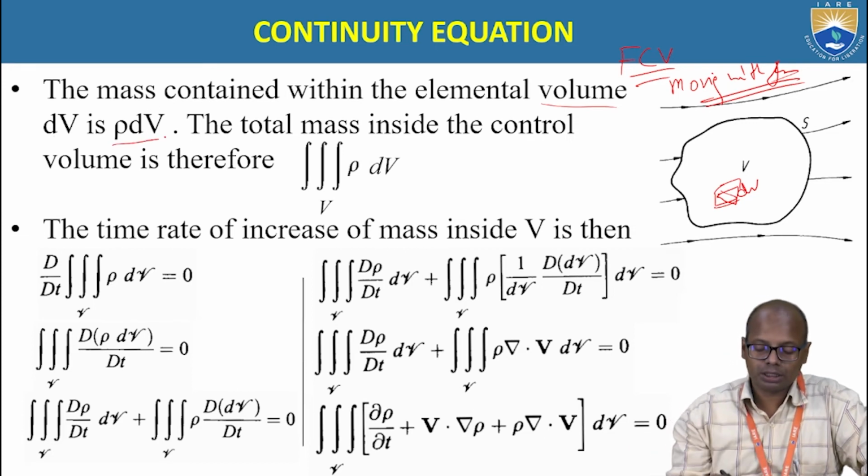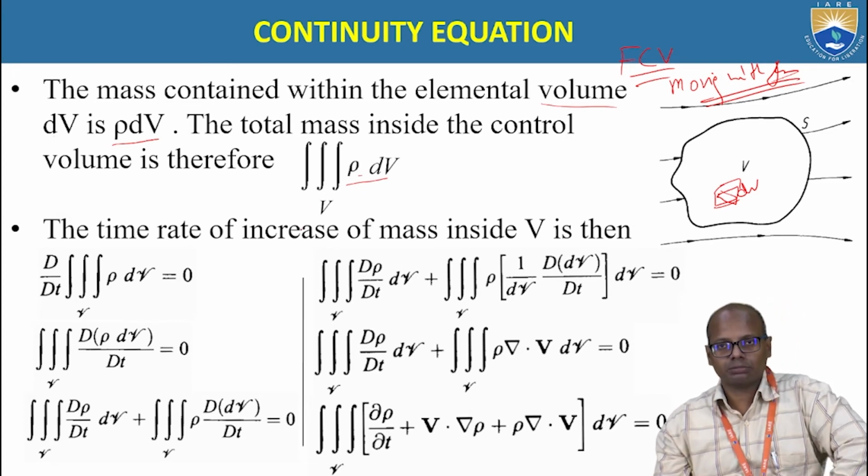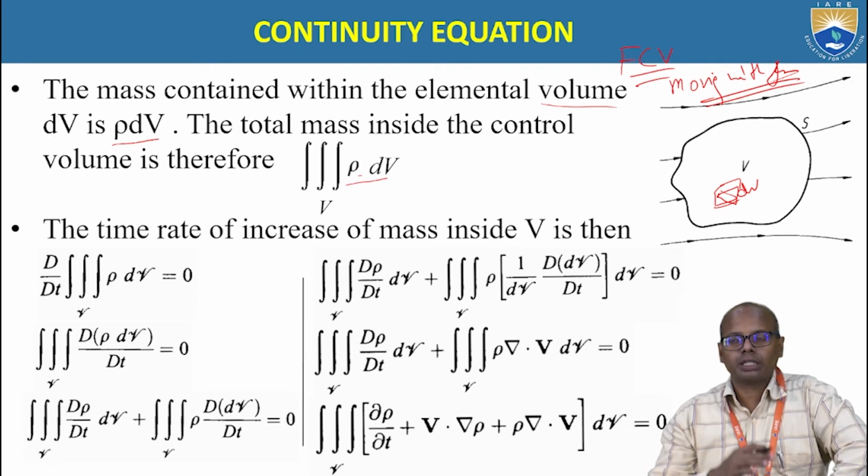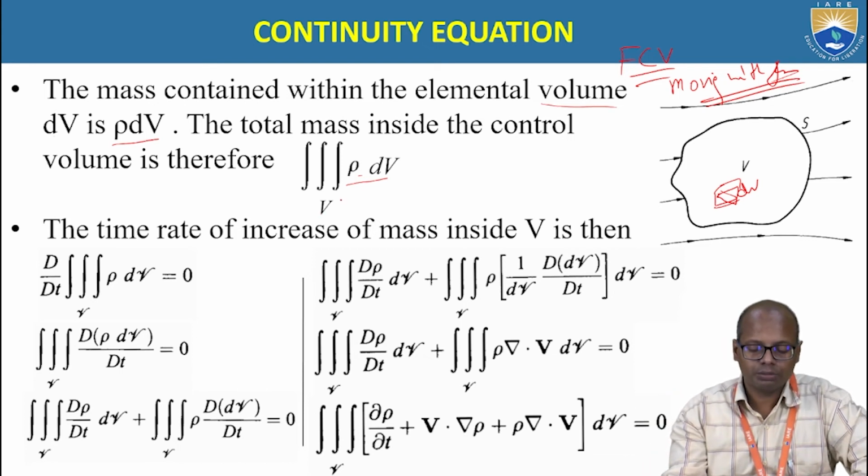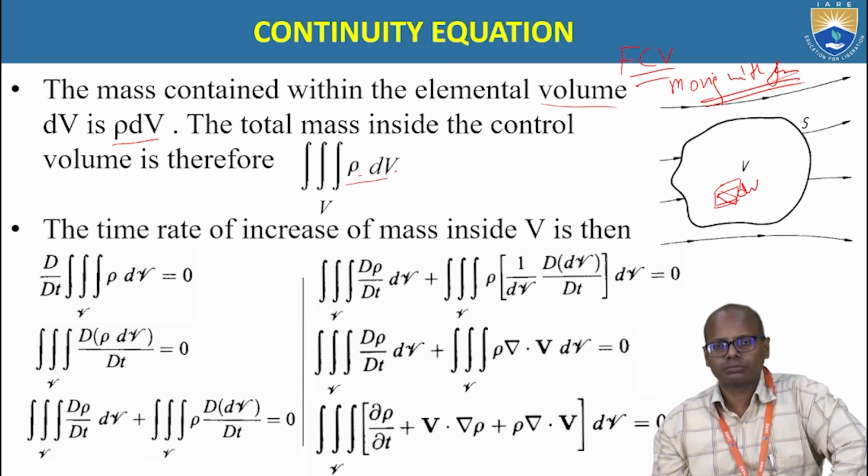The total mass is equal to the volume integral of rho into dV, because we are integrating the small volume over the entire volume.